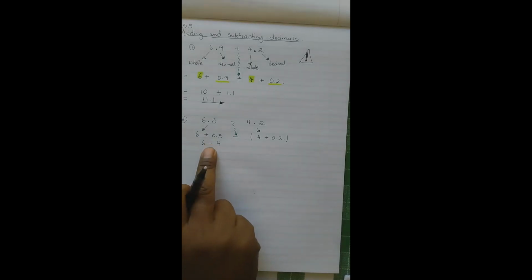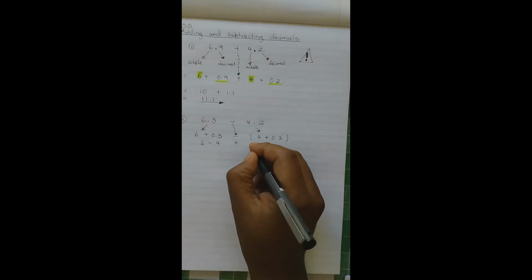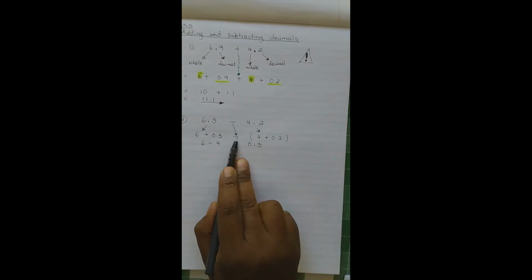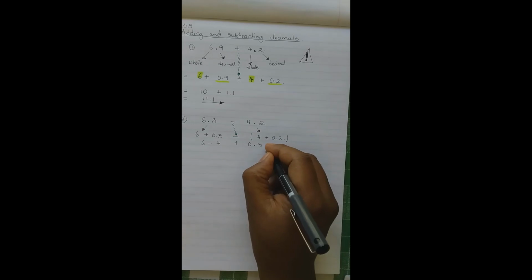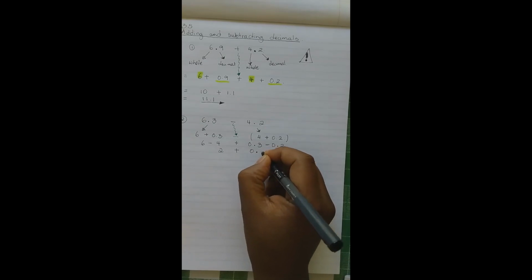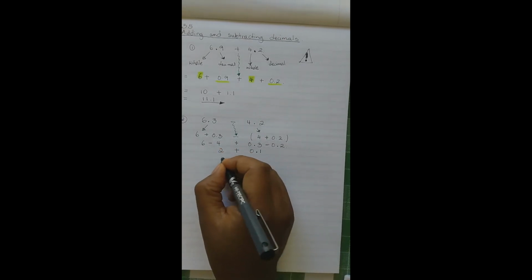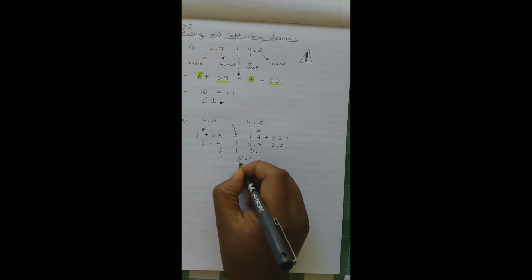I am now subtracting my whole parts, plus 0.3, negative and positive will give you a negative again, minus 0.2. 6 minus 4, from our whole parts we get 2. 0.3 minus 0.2, from our decimal parts we get 0.1. Adding these two together, we get our final answer as 2.1.